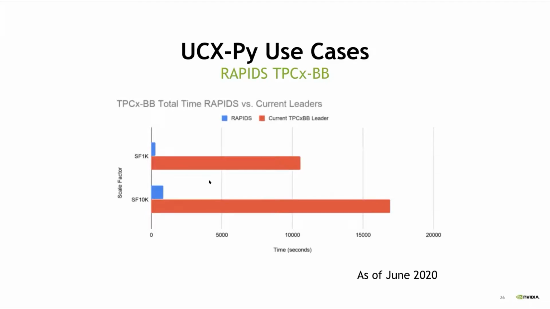The blue is the RAPIDS time to run all the 30 queries, and the red was the current TPC-XBB leader as of June 2020. I haven't checked if this has changed since, but RAPIDS has decreased the runtime quite substantially, and it's possible to do that for the 1 terabyte and 10 terabyte scales.